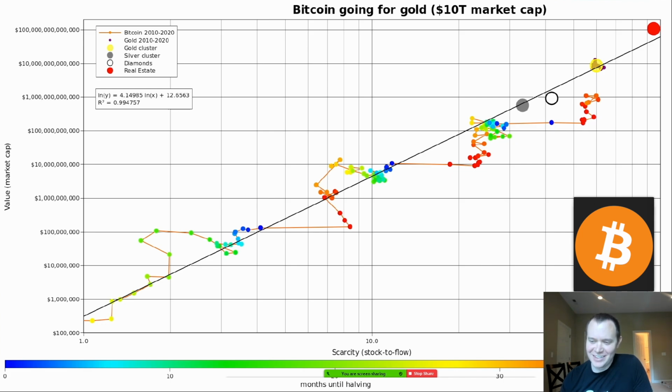Yeah. I have a question for you. So both logarithmic regression and the stock to flow model are both linear regression models. It's just a matter of what your coefficient is, right? Whether you're using time or you're using the stock to flow ratio.